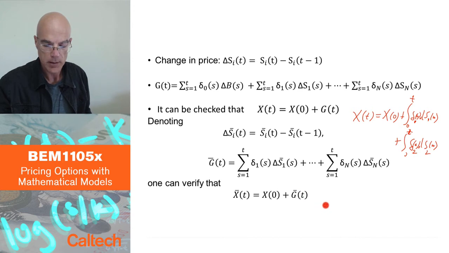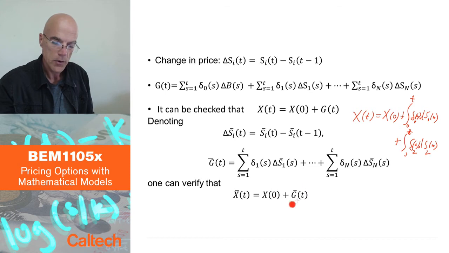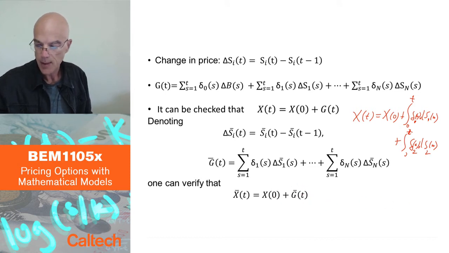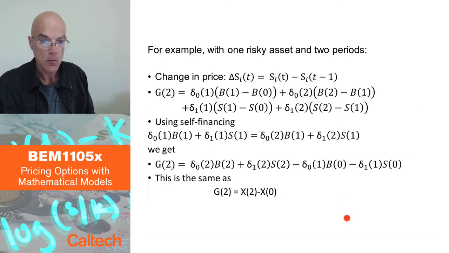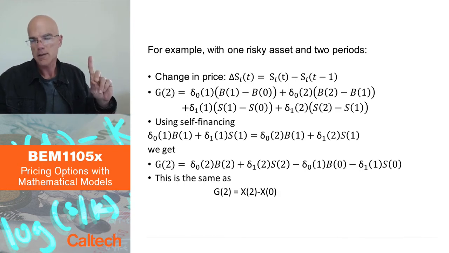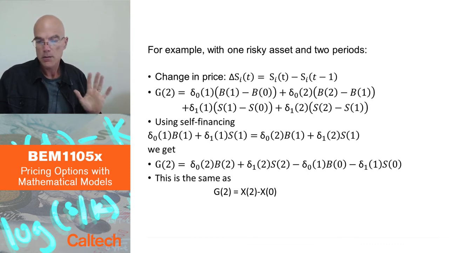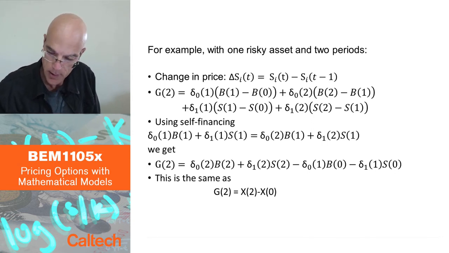We'll see in one example how this works. Okay? So the discounted wealth is equal to initial wealth plus discounted gains. I'm calling them gains, but they might be losses too. Okay. So let's see how this last line works out. If I have just one risky asset, one stock, and 2 periods, let's check that expression.